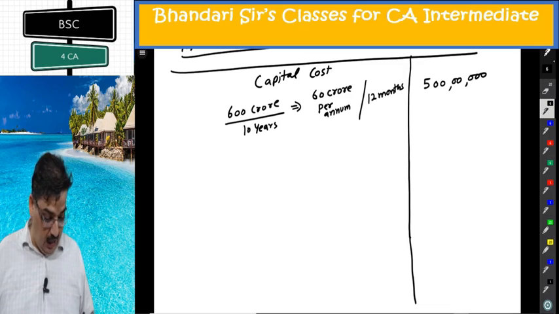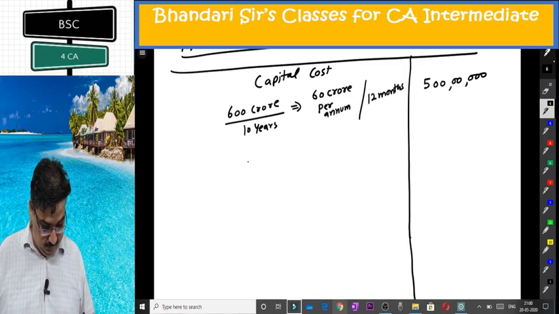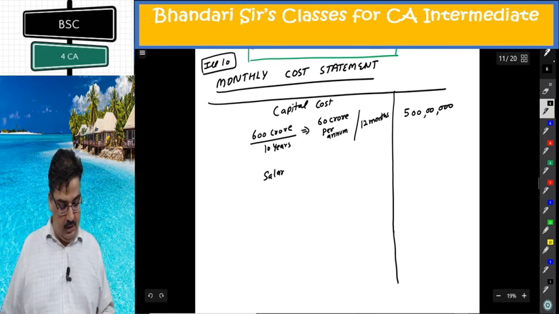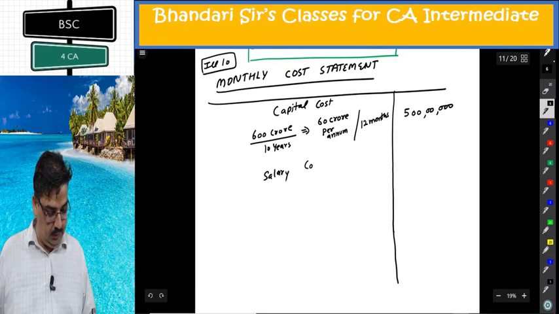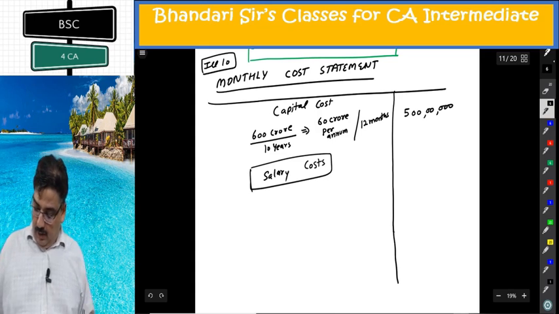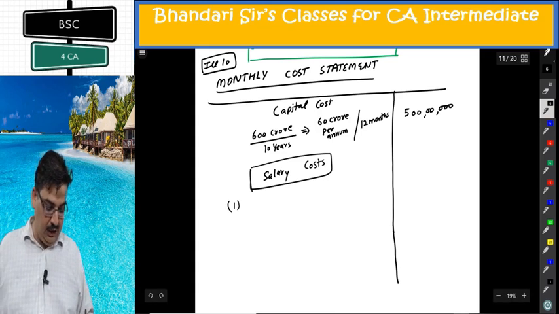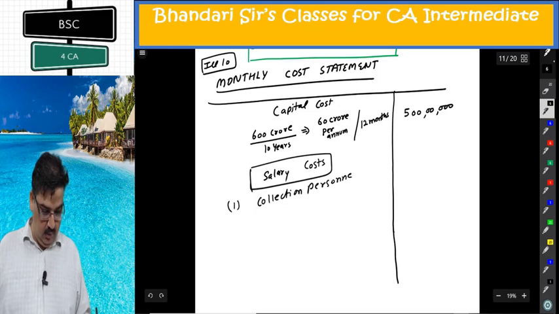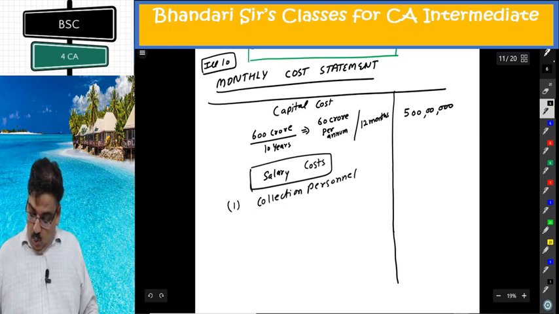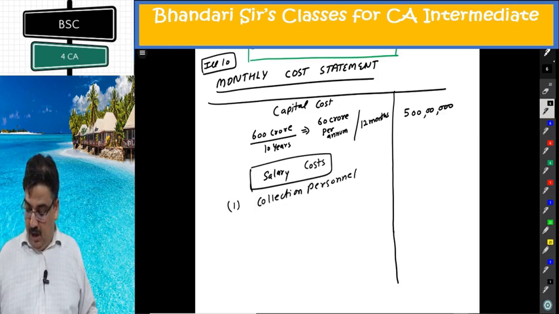Now comes salary cost. Number 1, collection personnel, 150 per day per person.